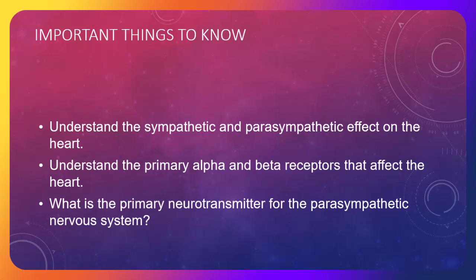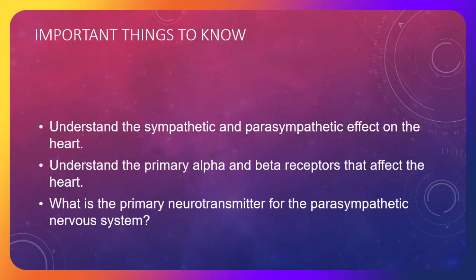Alpha and beta receptors. We have multiple alpha receptors, but for cardiology, where are the alpha receptors? Not in the heart. Nope. Blood vessels. When we activate the alpha receptors, the blood vessels constrict.